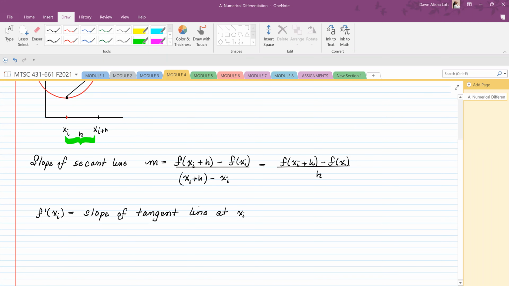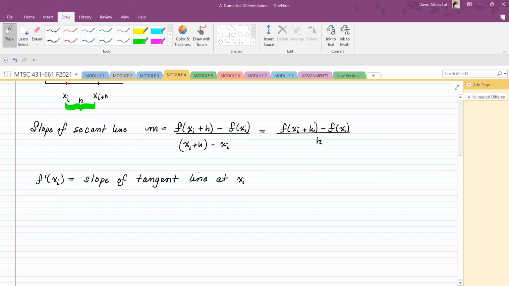And in order to get the slope of the tangent line at xi, you have to take the limit as h approaches 0 of the slope of the secant line.